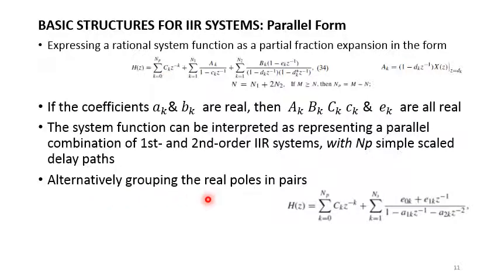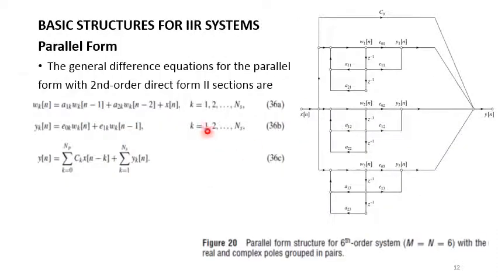Alternatively, grouping the real poles in pairs, we get H of z as a summation k running from 0 up to Np of Ck z inverse, plus a summation k running from 1 to Ns of second order sections. So this is the block diagram representation. You can see this is the term that contains the Ck, the first term from the left side of the equation.